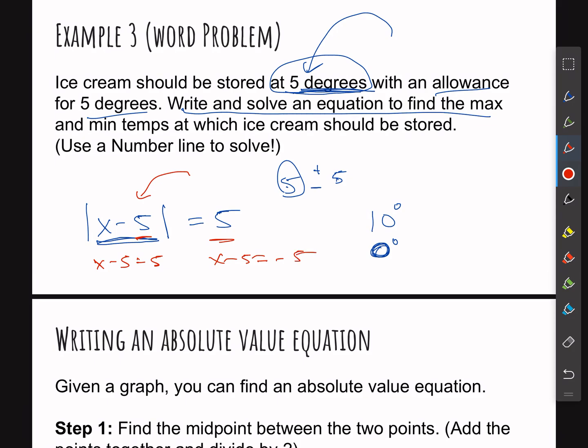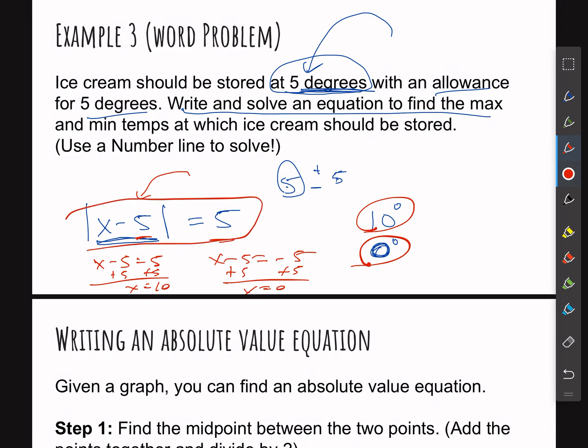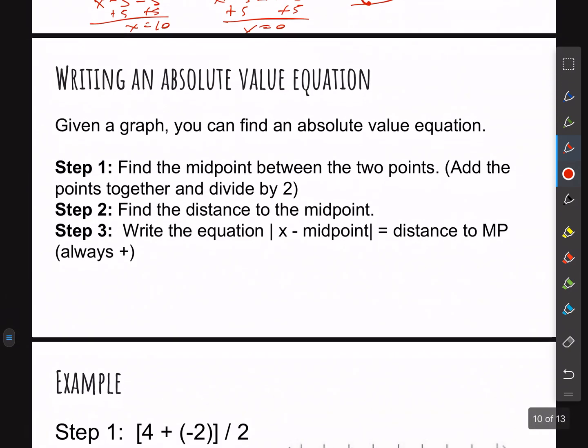If you solve these, you add 5 to both sides here, we get x is equal to 10, which was one of ours, right? And then if we add 5 to both sides here, we get x is equal to 0, which is my other one. So now I'm confident that this is the equation, the absolute value equation, for ice cream with a 5 degree variance. All right, that is the word problem for example 3.